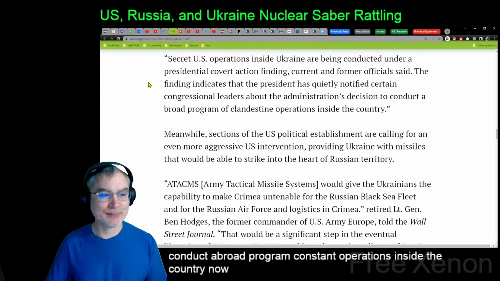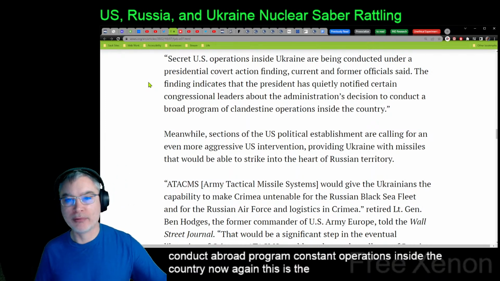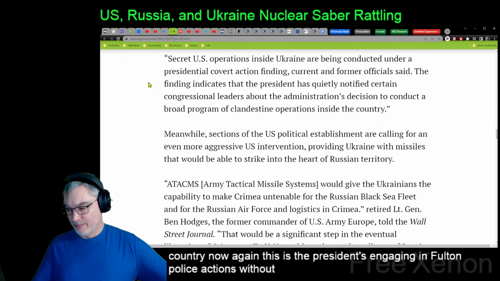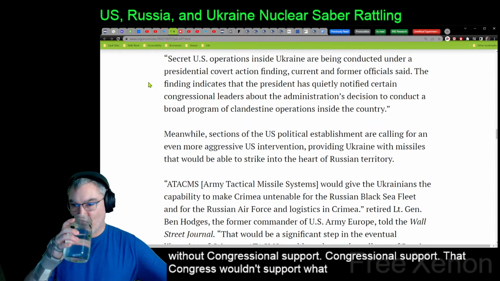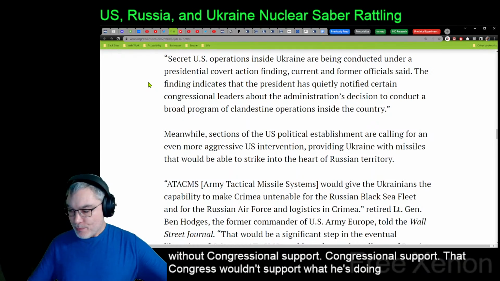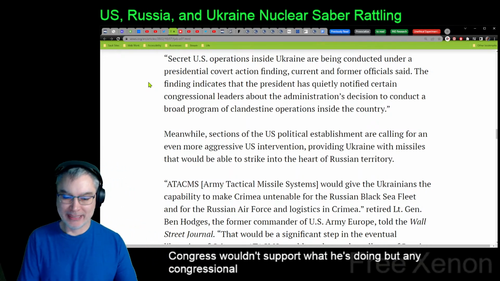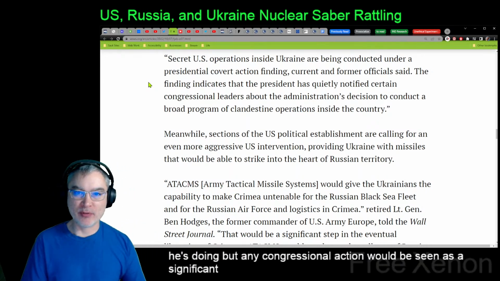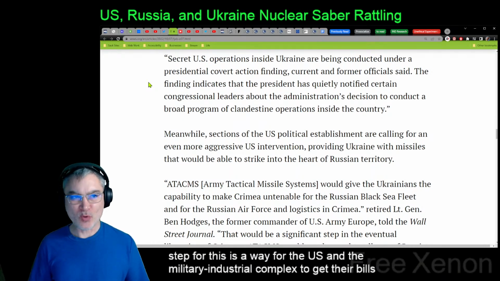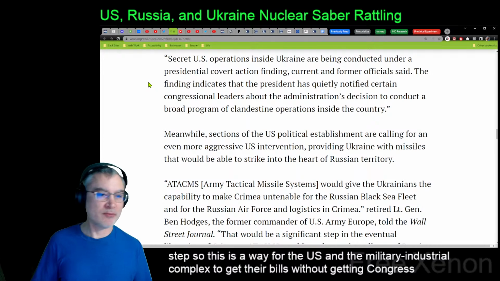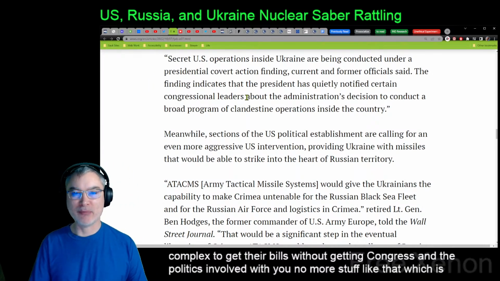Now, again, this is the president engaging in, quote, police actions without congressional support. Not that Congress wouldn't support what he's doing, but any congressional action would be seen as a significant step. So this is a way for the U.S. and the military-industrial complex to get their bills without getting Congress and the politics involved with war and stuff like that, which is highly problematic.